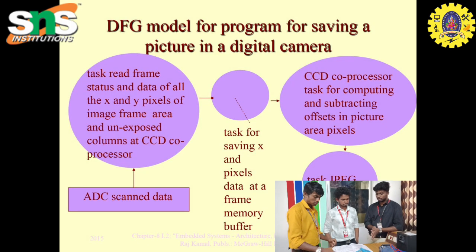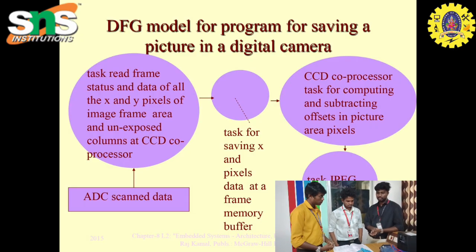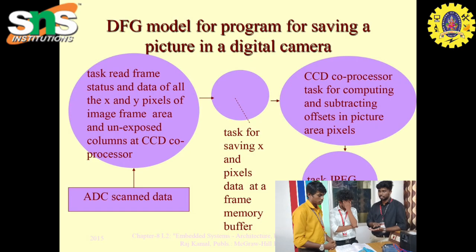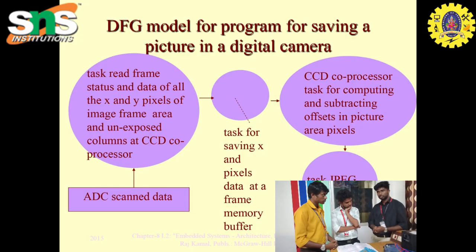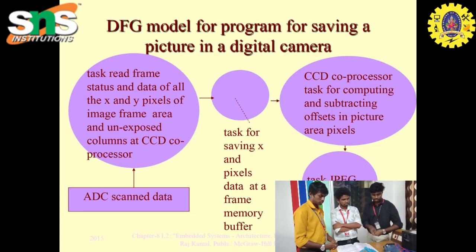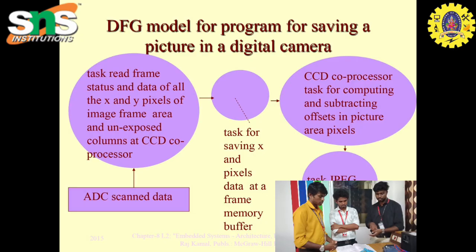We are going to talk about the DFG model for saving a picture in a digital camera. This generally has three processes. The first is the capture process, the second is image processing, and the third is storing the data. The capture process has three subdivisions. First is the input: the light enters through the lens and hits the image sensor.